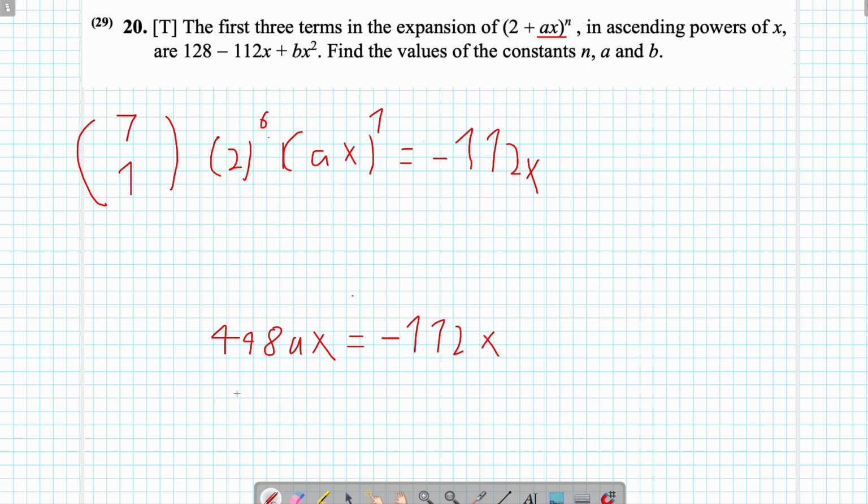You're gonna get a is equal to negative 0.25, or negative 1 over 4.